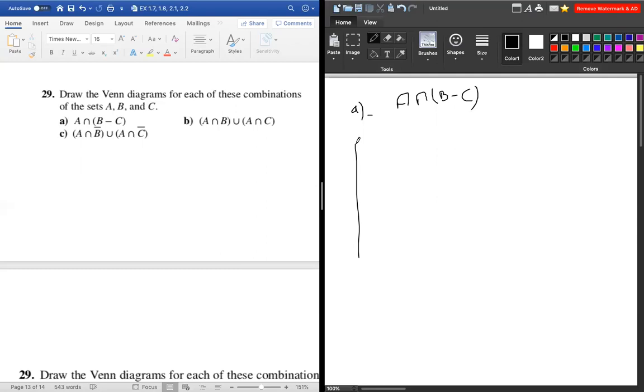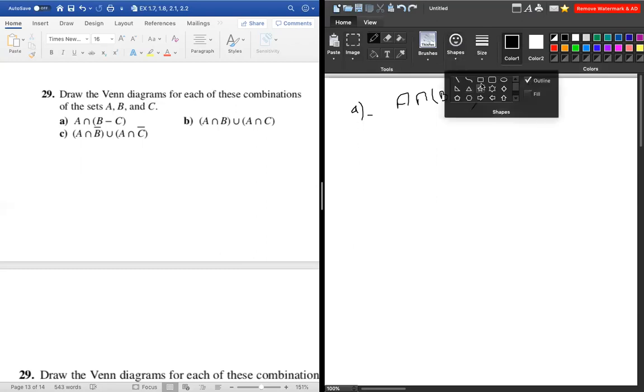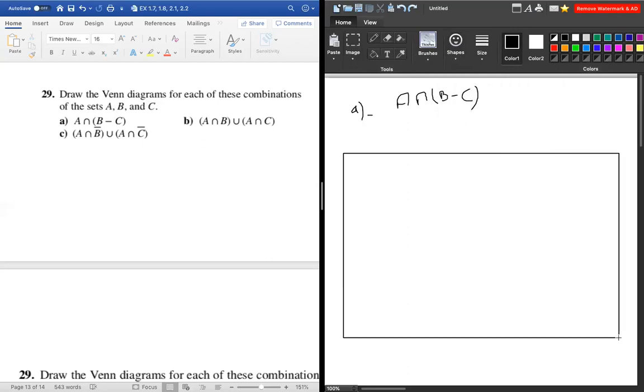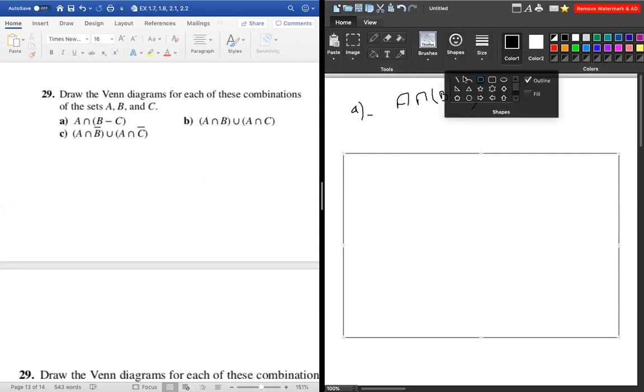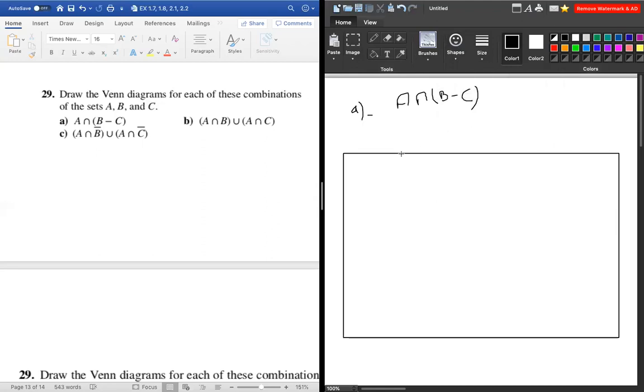So here maybe I can take a shape. This one is good. Okay, so here we have this universal space, and then we will draw A. Let's say this is A, right? Because A is intersected by both B and C, right? And then this B minus C here.